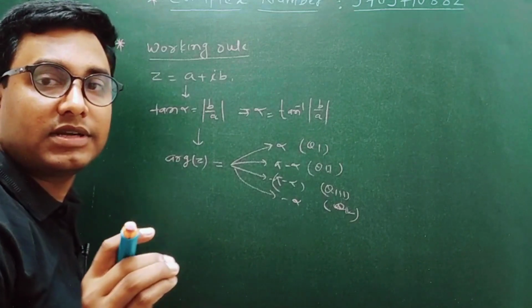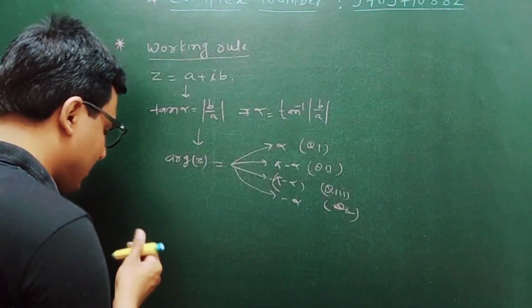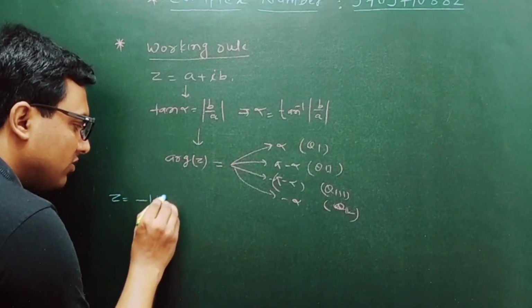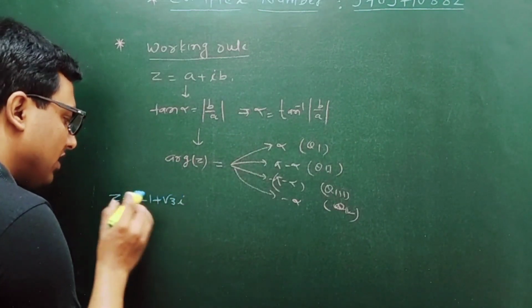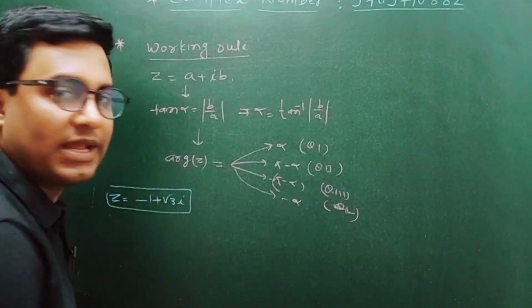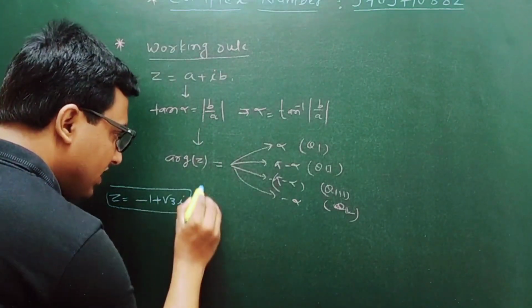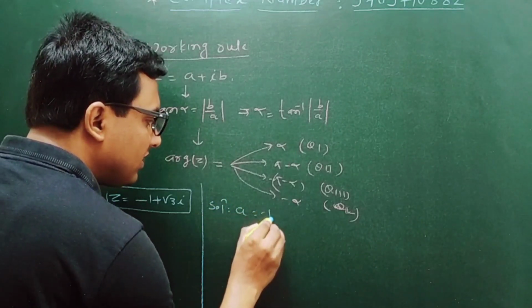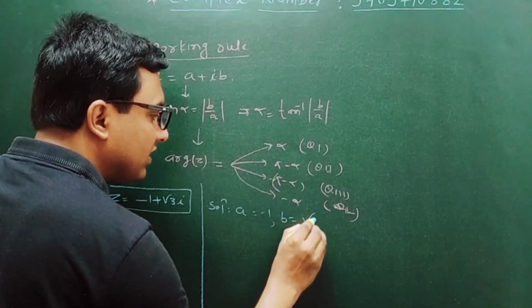Our example here: z is equal to minus 1 plus root 3 iota. What is the argument of this complex number? Solution: a is equal to minus 1, b is equal to root 3.